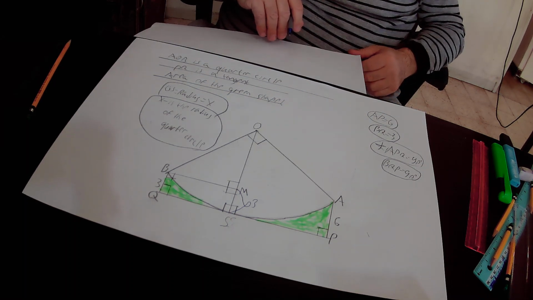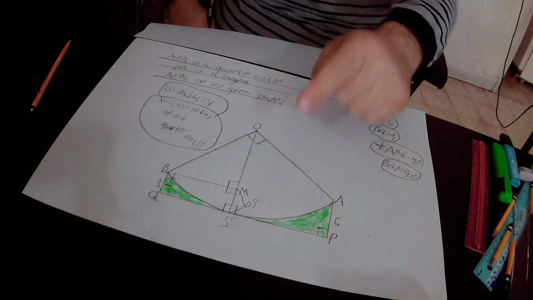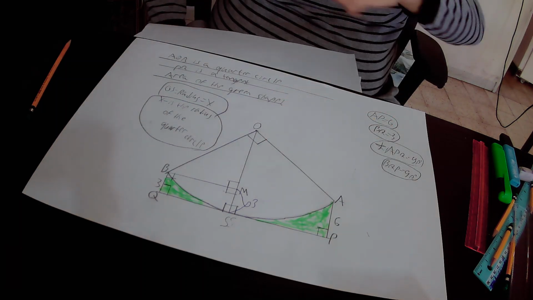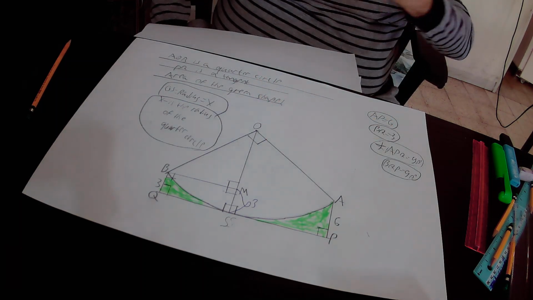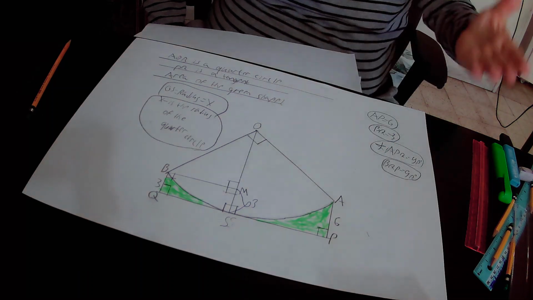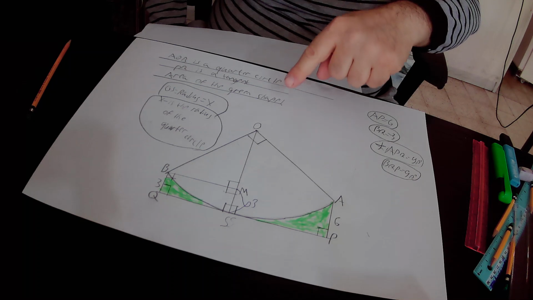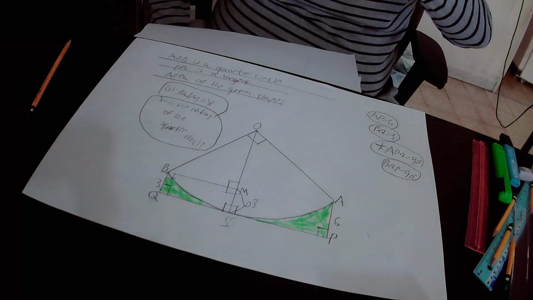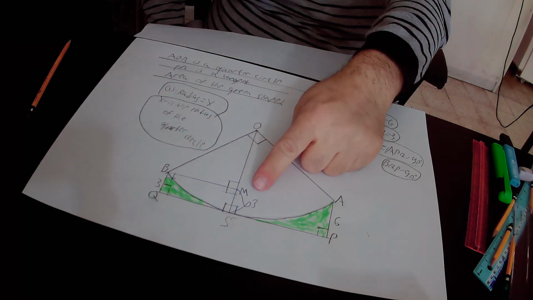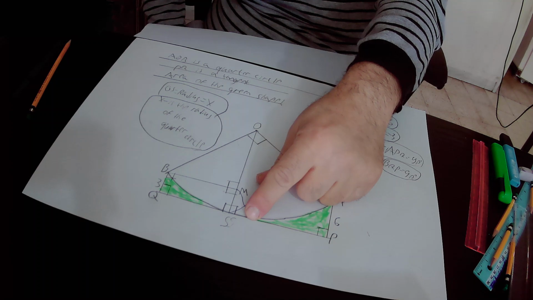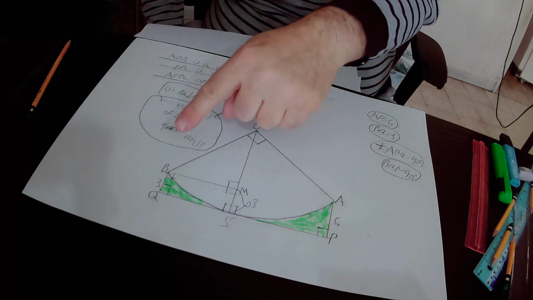So we know that OS is the radius of this quarter circle. So OS is a radius, it is absolutely a straight line. And MS is part of the straight line OS that is parallel to BQ.